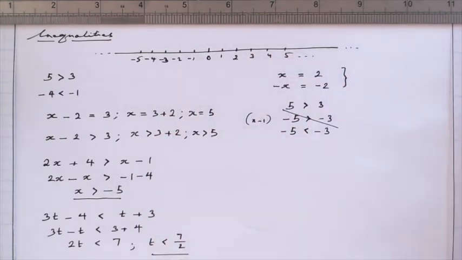However, if we have a comparative, which is sort of what an inequality is, if we say house A is bigger than house B, we can't negate it. We can't say house A is smaller than house B. It's not true, actually.